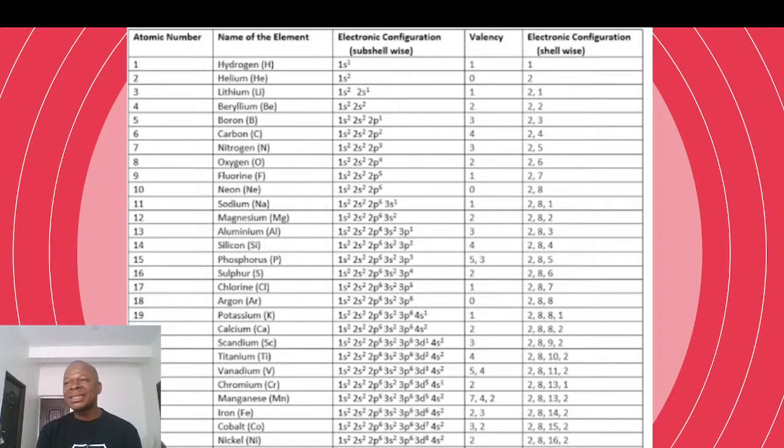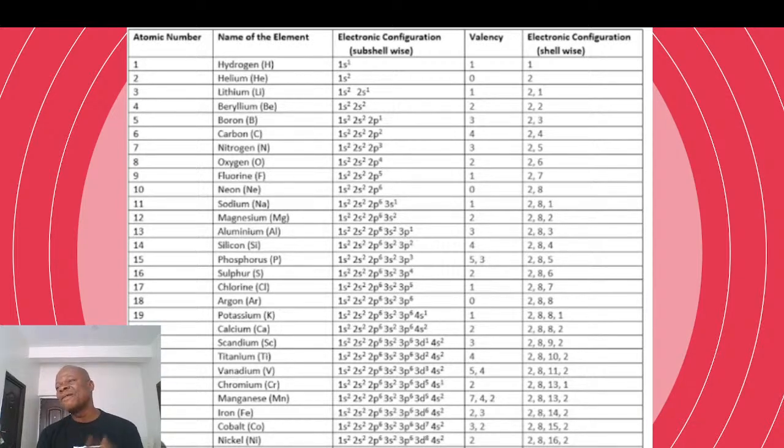Now, let's look at fluorine. Fluorine as an element has the symbol F. If you arrange it using electronic configuration in subshell, what you are going to have there is 1s2, 2s2, 2p5.